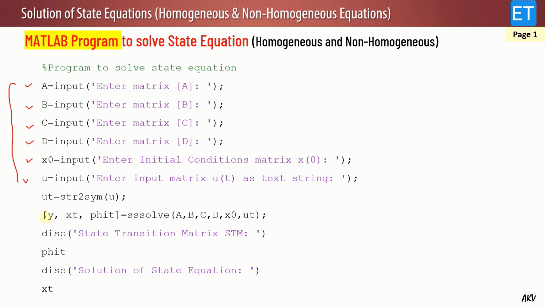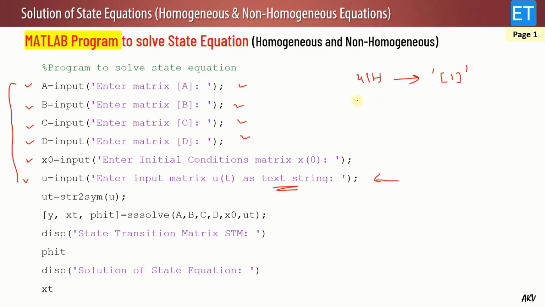Let's understand this program. With these commands, I'm getting input from the user at the command prompt. The user will enter the matrices A, B, C, D and the initial conditions, and the user will enter the input, but this will be in text string form. So if the input is u(t), the user will enter ut like this.